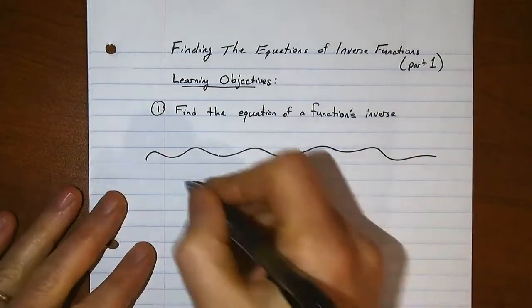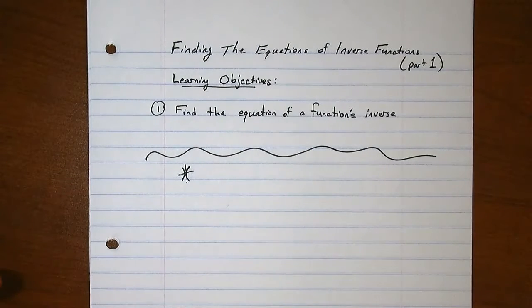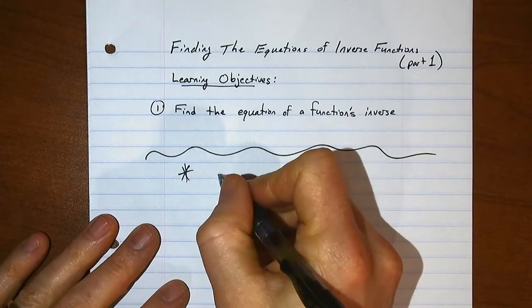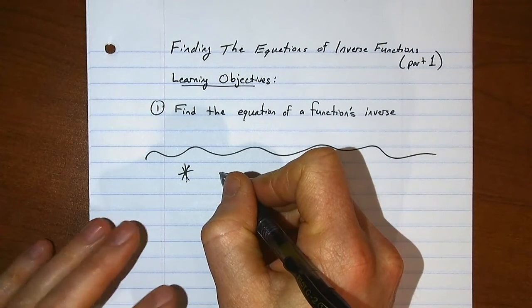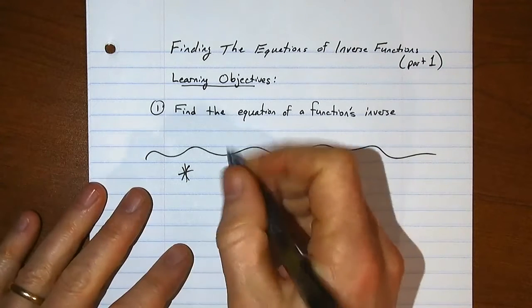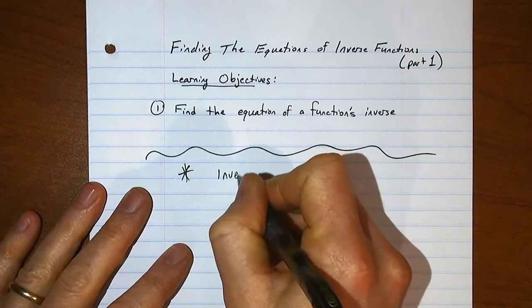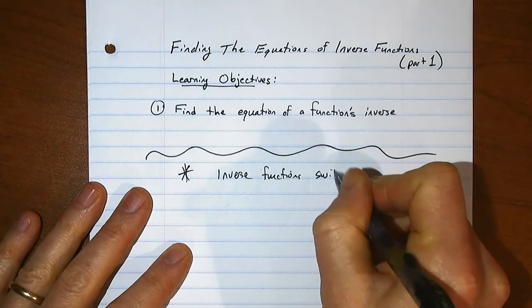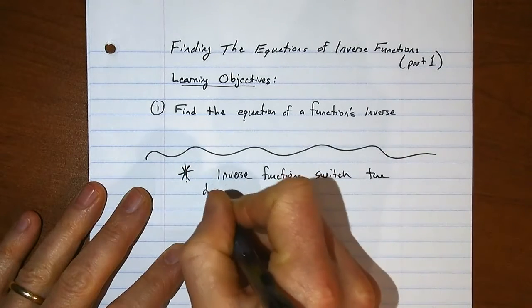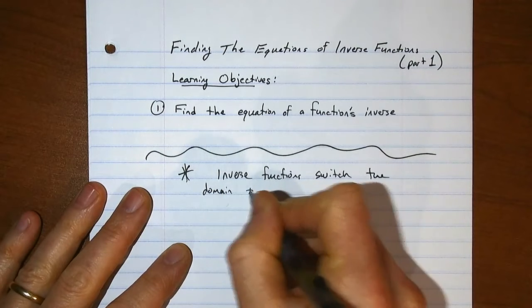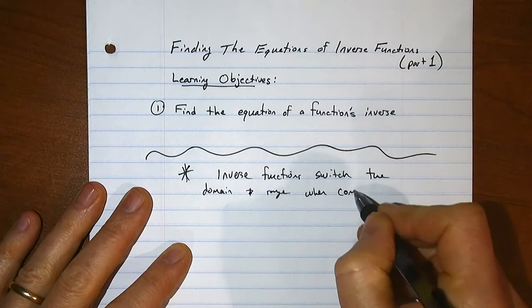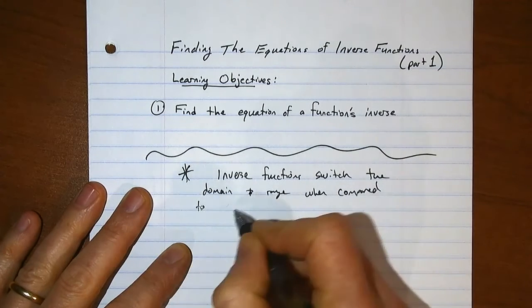The first thing to this is one of the things that we talked about in the last video. So this first point is just a reminder from last video. We said in the last video that one of the implications of the way inverse functions work is that inverse functions switch the domain and the range when compared to the original function.